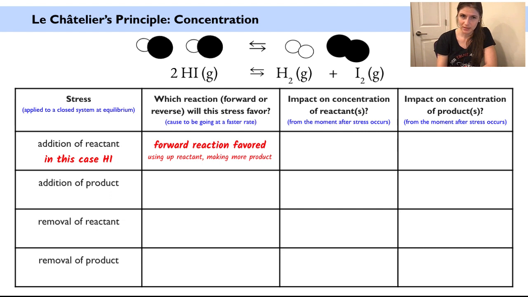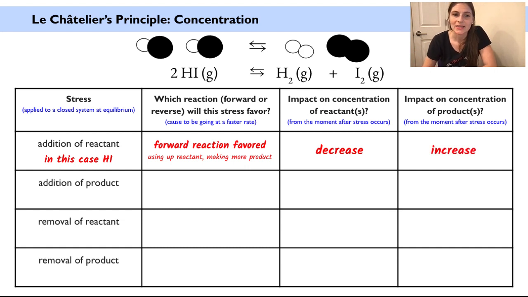This sounds strange at first because the stress that we applied was adding reactant, but overall, once that added reactant causes the forward reaction to occur faster, the impact on the concentration of reactant particles is actually that they will decrease, because the forward reaction is going to be using up reactant faster than the reverse reaction is replacing that used up reactant.